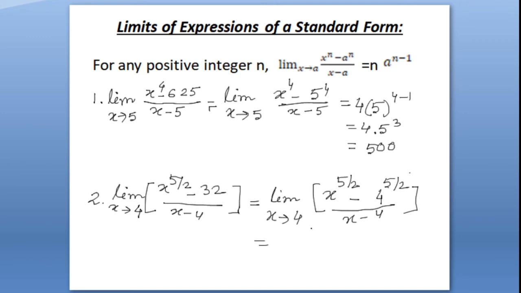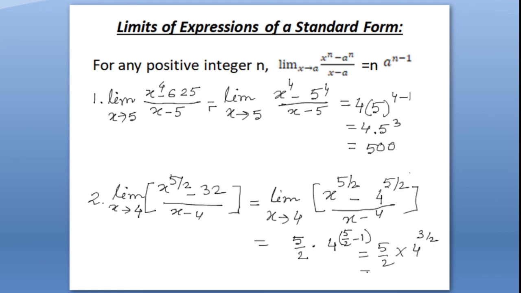Here we can see x tends to 4, that is x tends to a, therefore a is 4 and n is 5 by 2, that means the formula will be n into a to the power n minus 1, that is 5 by 2 into 4 to the power 5 by 2 minus 1, that means 5 by 2 into 4 to the power 3 by 2.